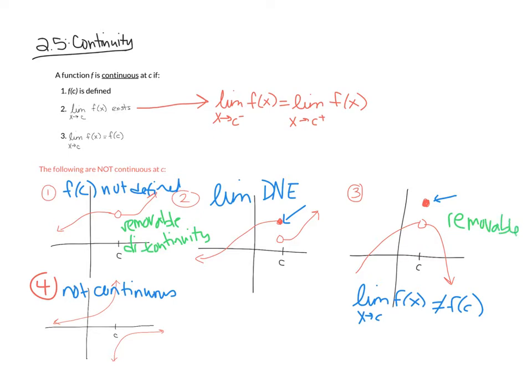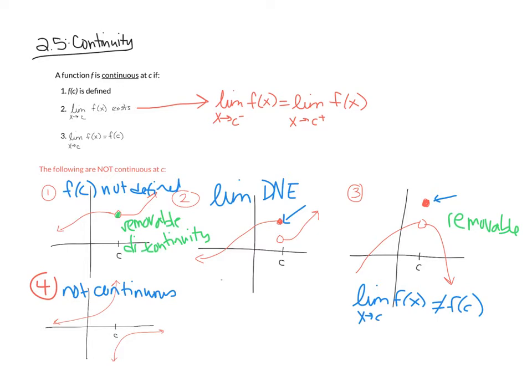For number 1, for example, we are able to add a point in there that would make this continuous. For number 3, if we were to take that point that has an arrow on it and just move it down, that would fix the graph and make it continuous.